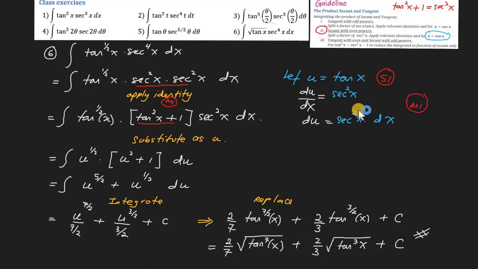Differentiate, and then substitute everything in terms of u before you integrate. And last answer, replace it back as your tangent x. You can leave your answer in this format or this format. It looks nicer. So it can carry a nice 6 marks.